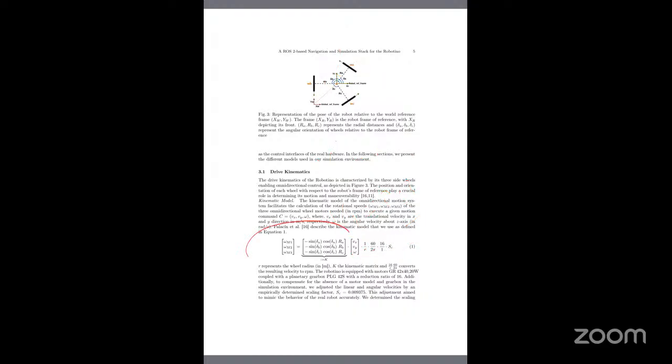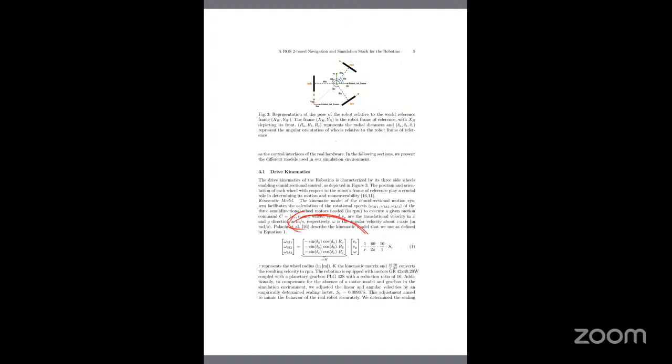Then we have one equation with Vx, Vy, omega, which I have already mentioned: x direction, y direction, and omega means rotation. This is converted through the kinematic matrix to omega m1, omega m2, omega m3.